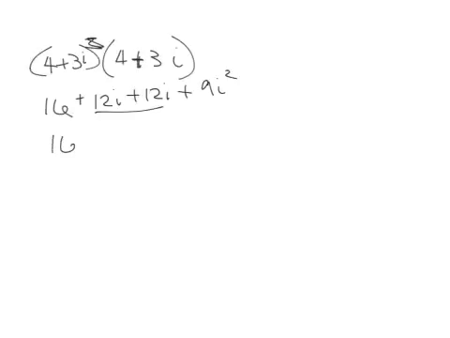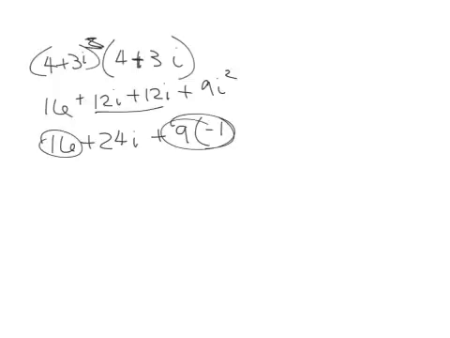So that's going to give me my 24i plus 9 times -1. So that's going to be a -9 plus my 16. It's going to be a 7. And I'm done.